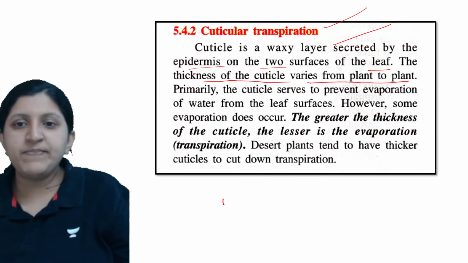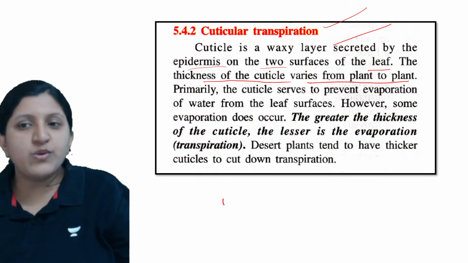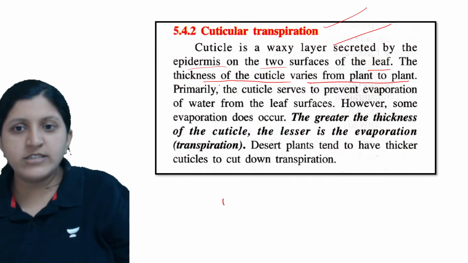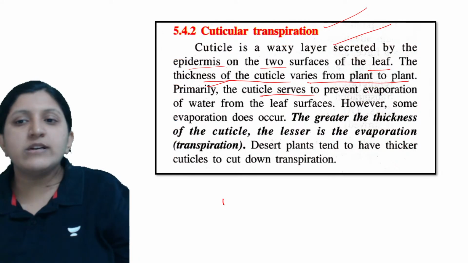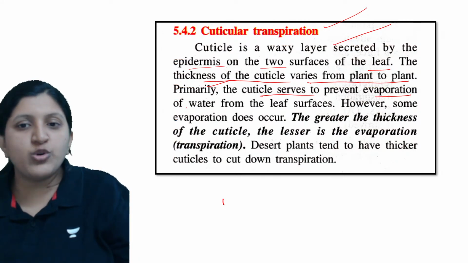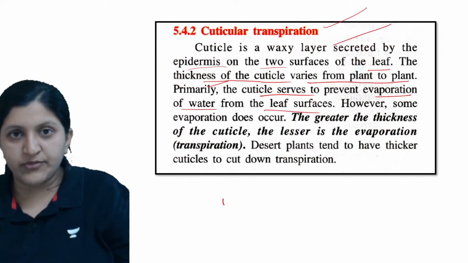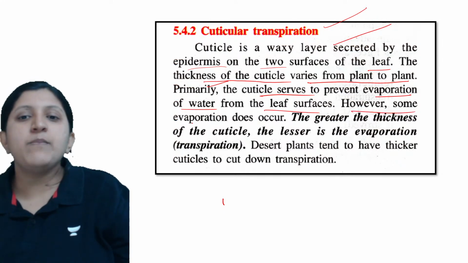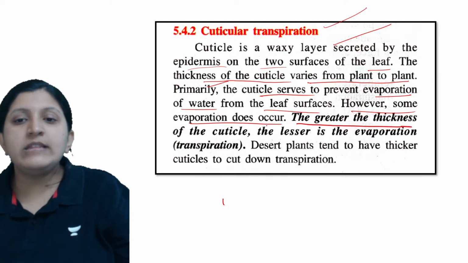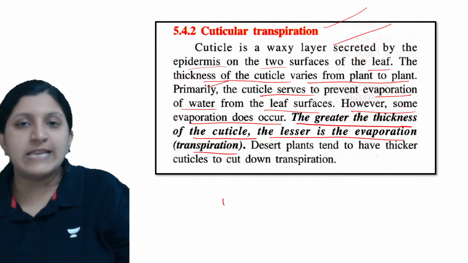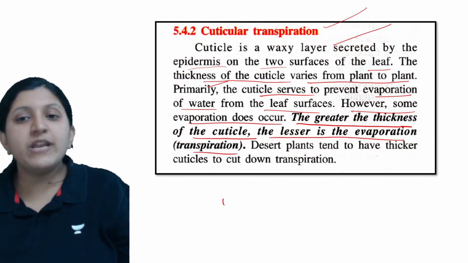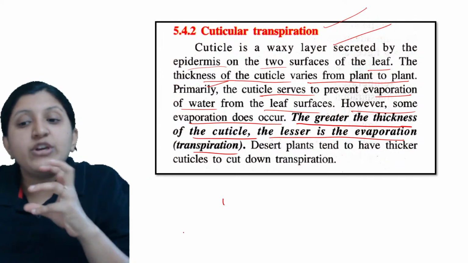Primarily the cuticle serves to prevent evaporation of water from the leaf surface. However, some evaporation does occur. The greater the thickness of the cuticle, the lesser the evaporation, which is transpiration. So transpiration is less if the cuticle is thicker.